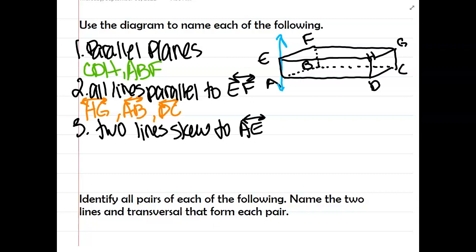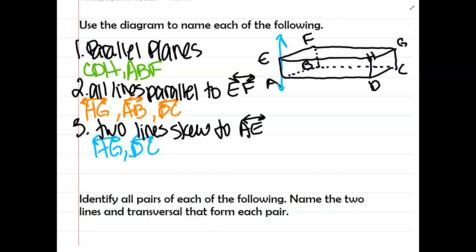What do you think? HG would work. Absolutely. That's another one. Brianna? DC would work. Excellent. It only asks for 2, but anybody got one we didn't list already?